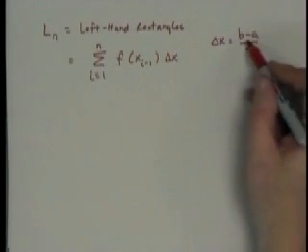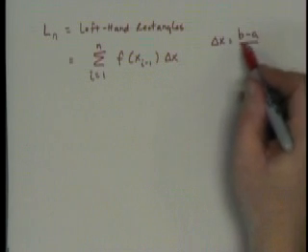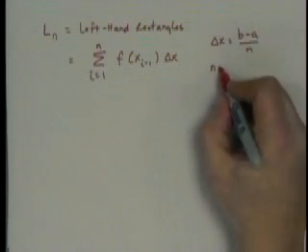And the width is going to be the right endpoint minus the left endpoint divided by how many rectangles.